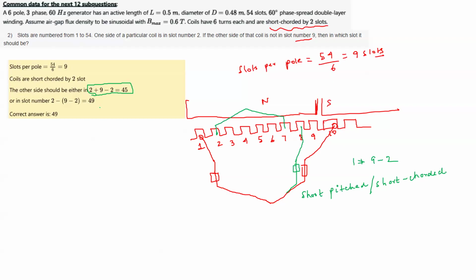I think there is some problem in this question. I think they have given this wrong, but you understand, right? If it were 1, then it would have been 1 plus 9 minus 2, 10 minus 2, so it would have been in the 8th. So the 2 should be in the ninth one.